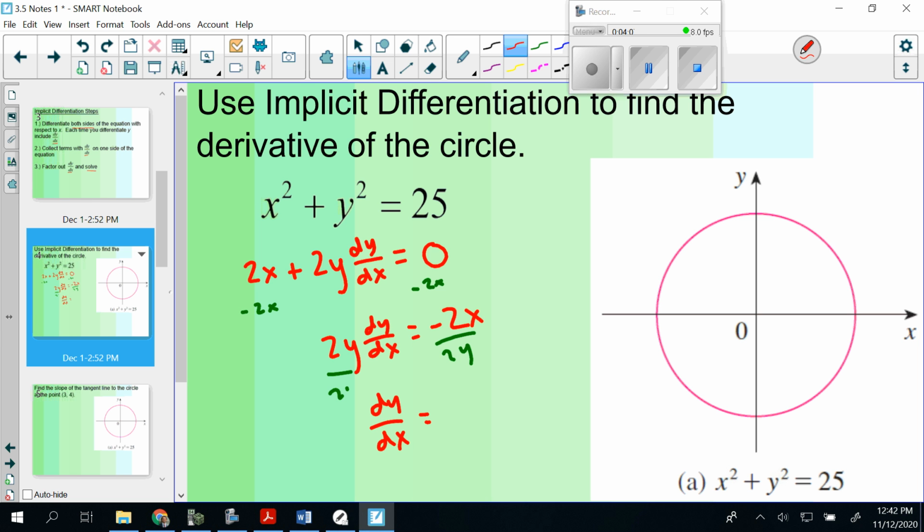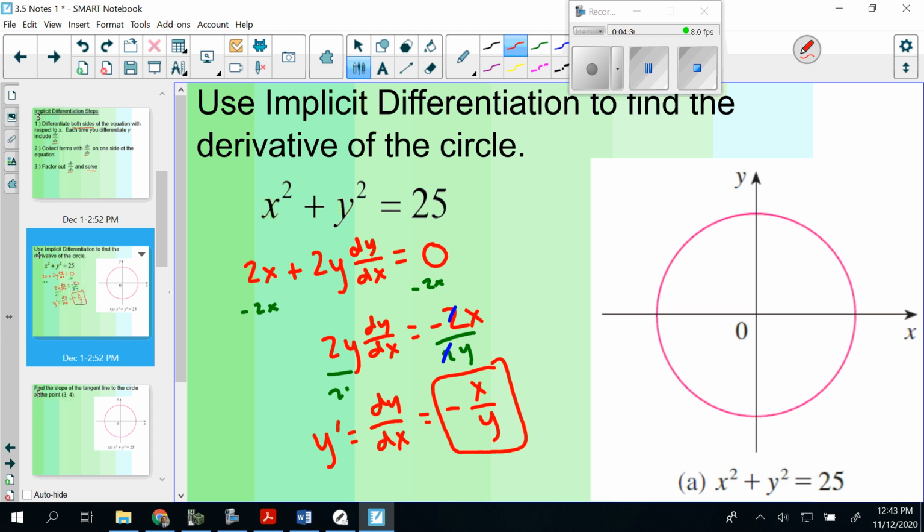While we're at it, since both of these have a 2, I'm going to cancel those out. So our derivative becomes negative x over y, and you could also write that as y prime. Our derivative is always going to be whatever the x value is over the y value, and then if you take the opposite of that, that becomes the slope.